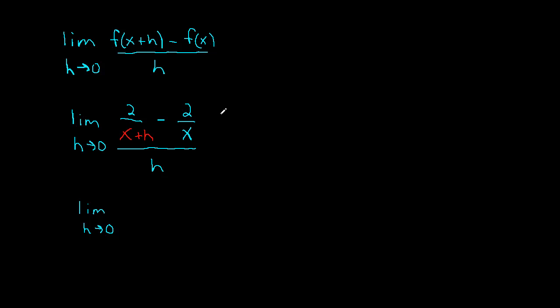And the way I deal with complex fractions is I simply multiply everything by the LCM of what I call these complex denominators. Okay, so what's the LCM of x plus h and x? Well, it's just x plus h times x. And I usually put a 1 over it just to help people see the multiplication that's going to occur here.